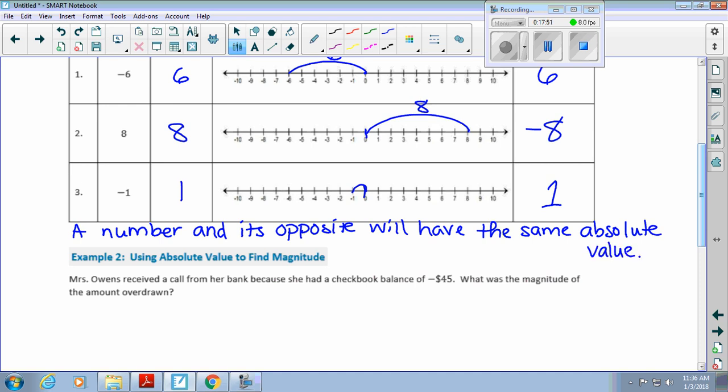Now, some kids earlier today made the mistake of saying they had the same value. Well, I know $8 and negative 8 do not have the same value, but they do have the same absolute value. So please be careful in making sure you know the difference.